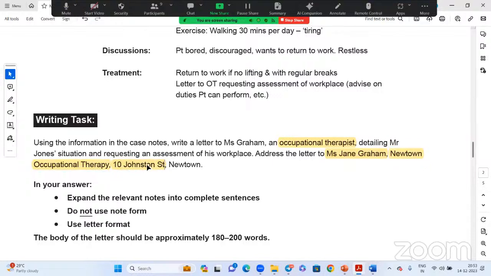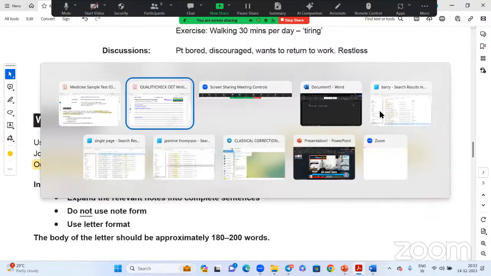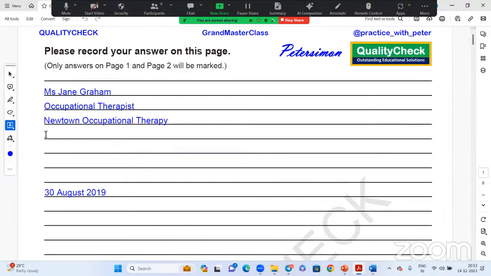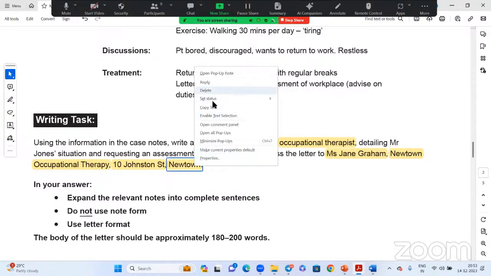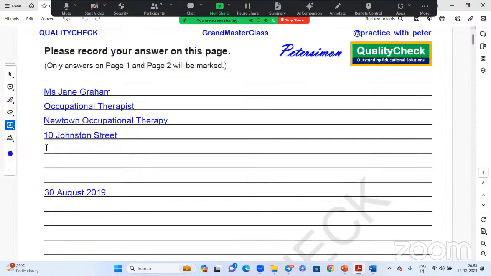ST stands for street. Remember that. ST stands for street. 10 Johnson Street. Full, right in full. 10 Johnson Street. Then Newtown. So that is done. So the address is perfect.